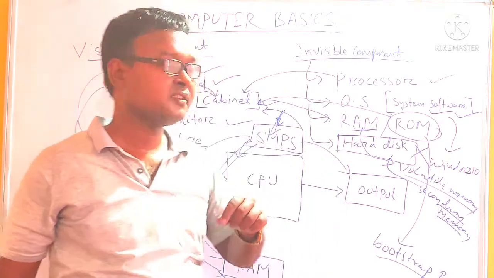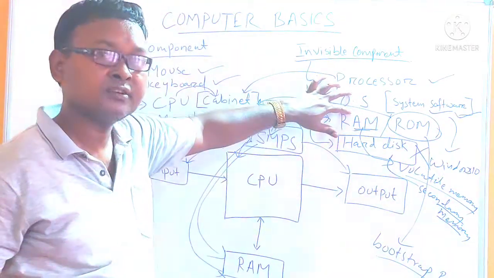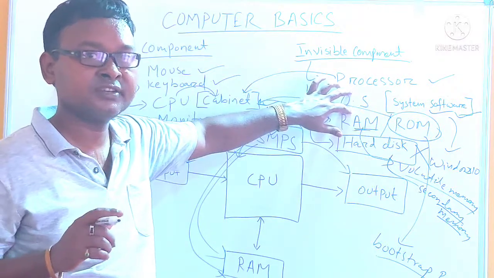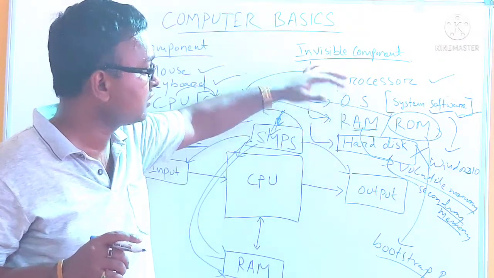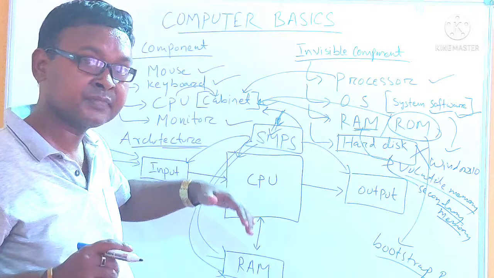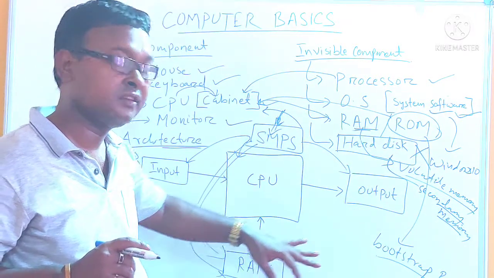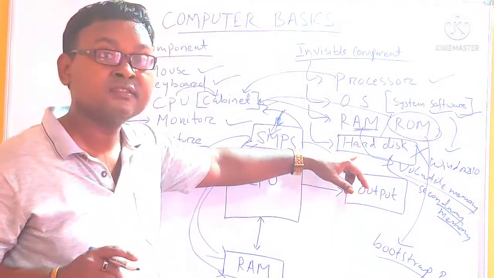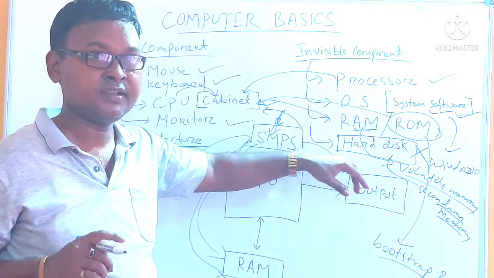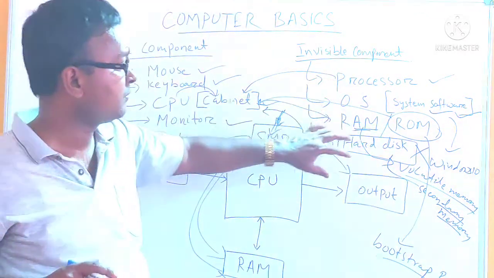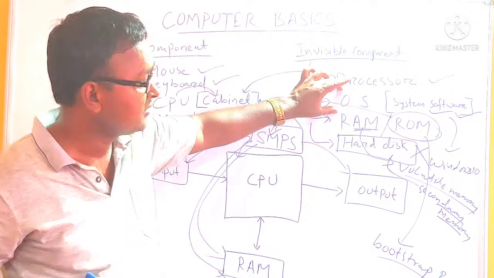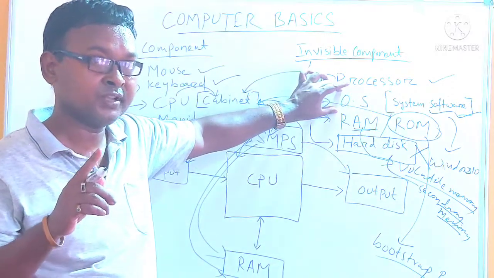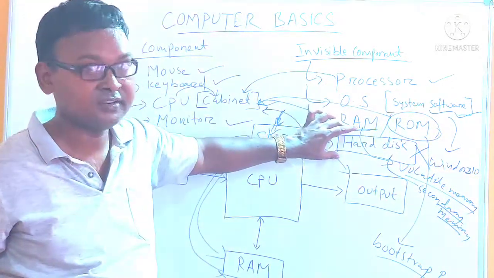When you purchase your computer, the operating system is already installed. Where is it installed? You have installed your operating system in the secondary storage device. It is just sitting in a passive mode in your hard disk.